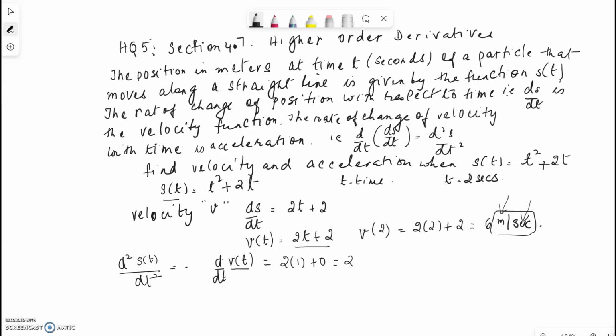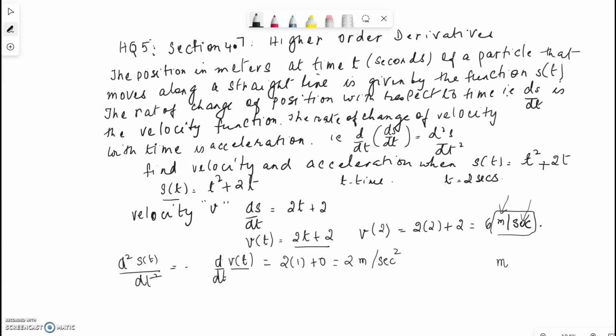The units of measurement of acceleration is meters per second squared. So the unit of measurement of position or distance is meters.